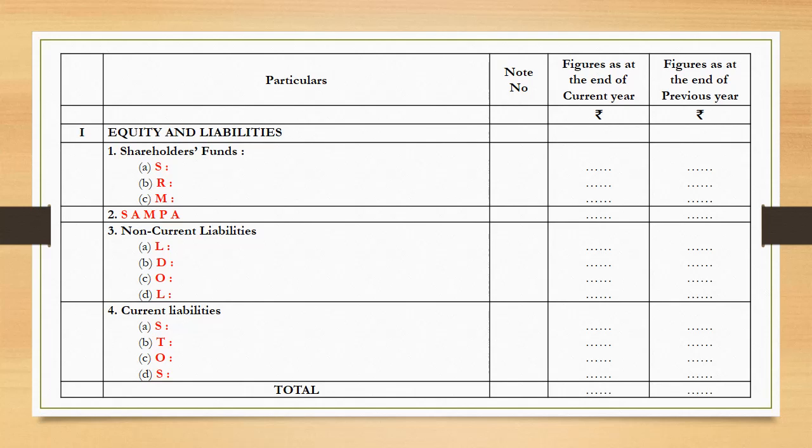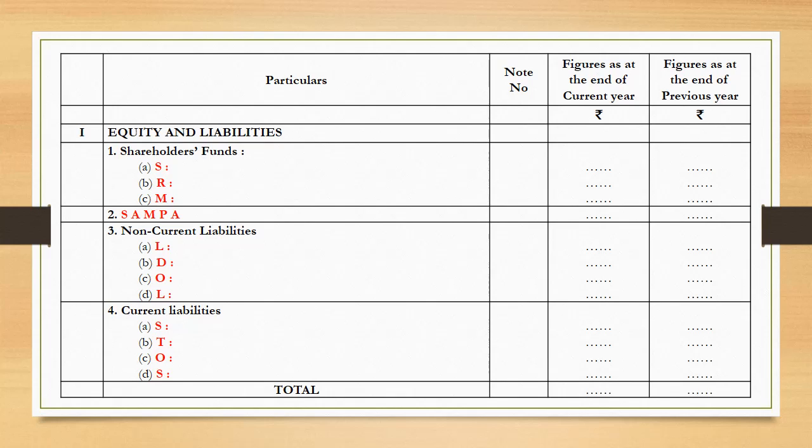Equity and liabilities. You can see that it is basically divided into 4 parts. Shareholders fund, Sampa, non-current liability and current liability. To memorize shareholders funds, what I want you to learn is SRM, Shri Ram. Second is Sampa.